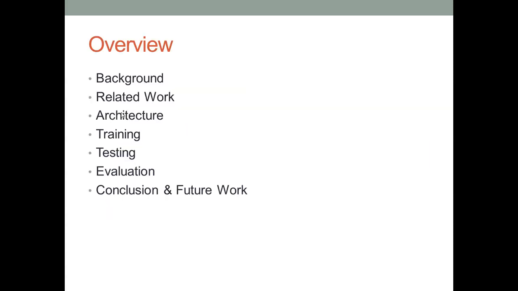This is a brief overview of the presentation that I'll be doing in this short video. I'll be briefly presenting the background of the work that is presented here. I'll present some of the related work that has been done in the past. I'll be overviewing the convolutional neural network based architecture that I have used for this particular work. I'll describe the training parameters and how I created the data sets, how many data sets I used, and some of the parameter tuning that has been done in this work.